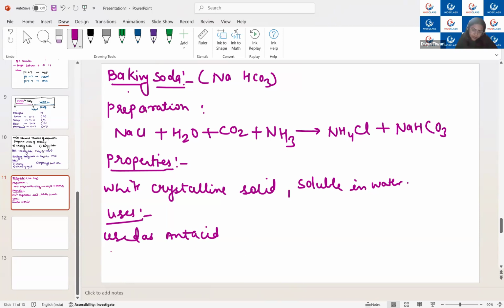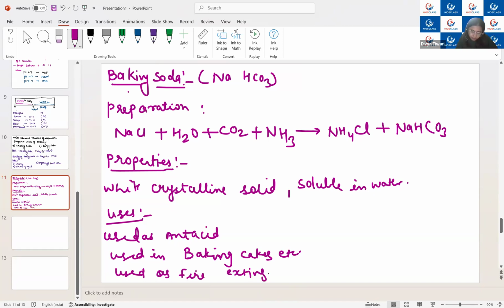And also in the baking industry, used in baking cakes, pastries, all these things, and also used as a fire extinguisher. I hope this is clear how you will write your 5 marks answer in the exam book.